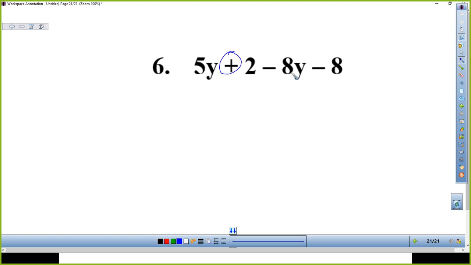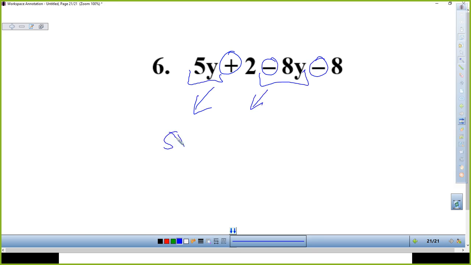No. This one is minus, this one is minus, so keep that in mind. Start with a variable, 5y, and this one is 8y. I'm going to write them over here. 5y minus 8y.